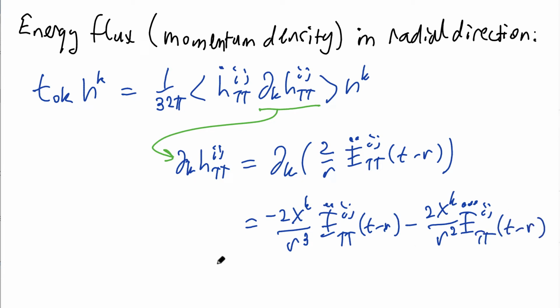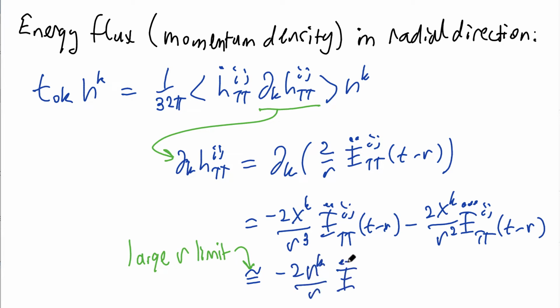Now, because the field point is very far away from the source, this term with 1 over r cubed is negligibly small compared to this term with 1 over r squared. So in the large r limit, this is approximately minus 2 times, I'll write x^k over r squared as n^k over r, times I triple dot_ij^TT as a function of t minus r.